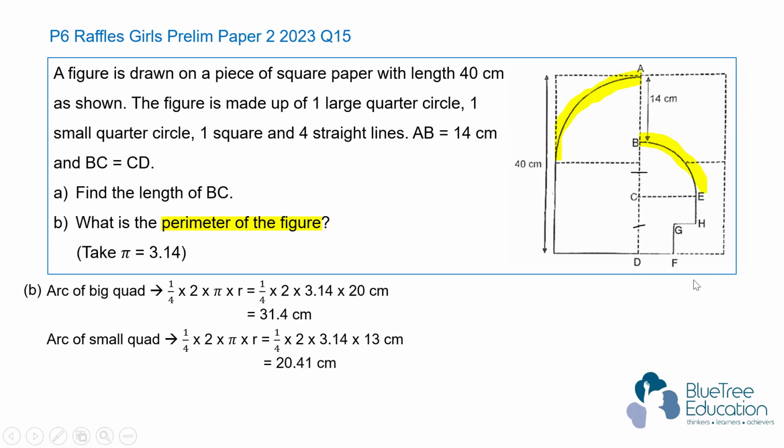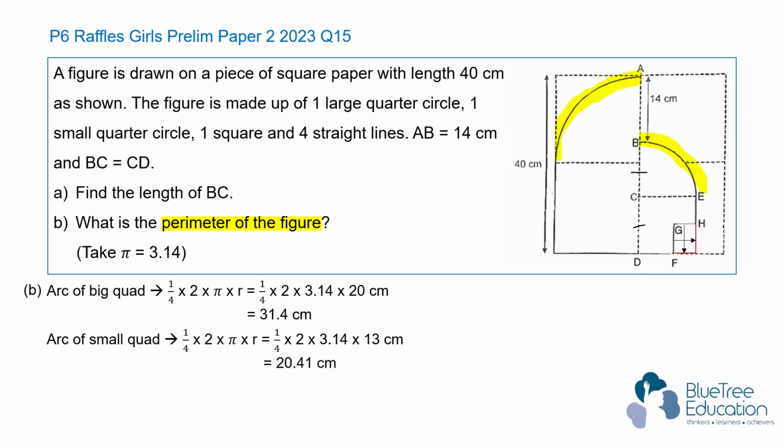Well, since we are looking for perimeter, one thing that we can do is to stretch it out. We can bring FG all the way out until it forms a straight line with EH. Same thing for GH. We can stretch all the way down until it forms a straight line with DF.